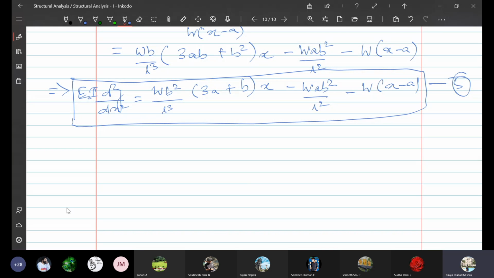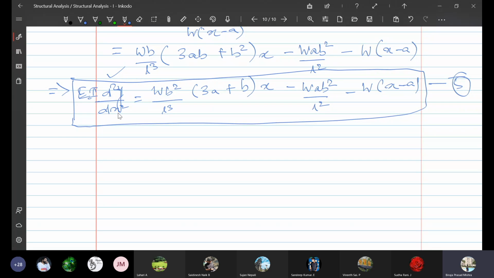Now what we need to do is integrate it. If we integrate it, then this d square y by dx square will become dy by dx. And what is dy by dx? Dy by dx is the slope, right?